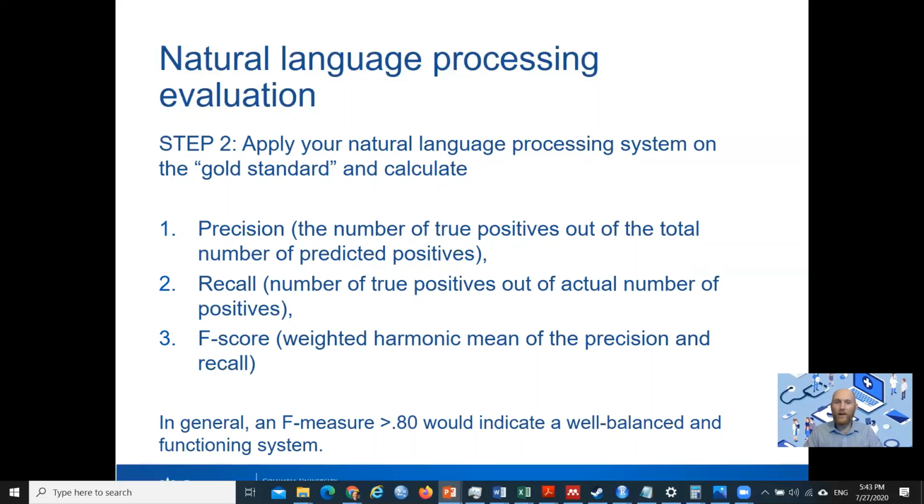F-score is a harmonic weighted mean of the precision and recall. So in general, an F measure of higher than 0.8 or 80% would indicate a well-balanced and functioning system. F measure, like all the other metrics like precision and recall, varies between 0 and 1, with higher numbers indicating better performance.